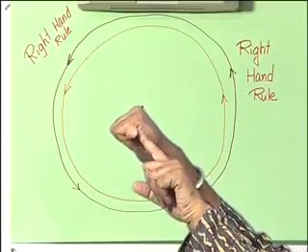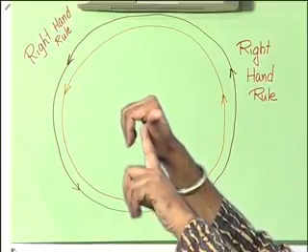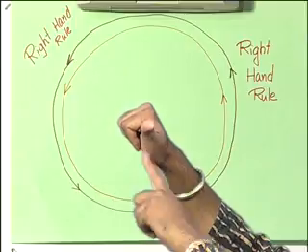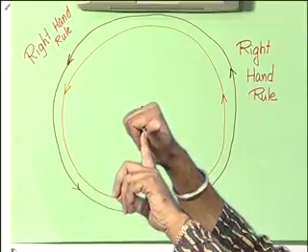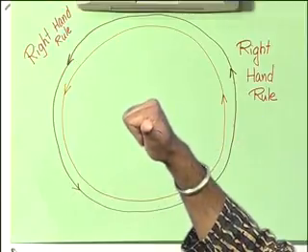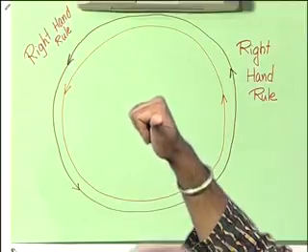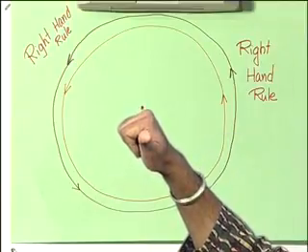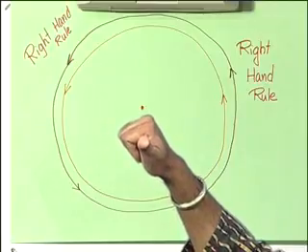The thumb is pointing in the direction of the current and the fingers are folded as shown here along the flux lines. You see the flux lines which are in an orthogonal plane to which the current is flowing.